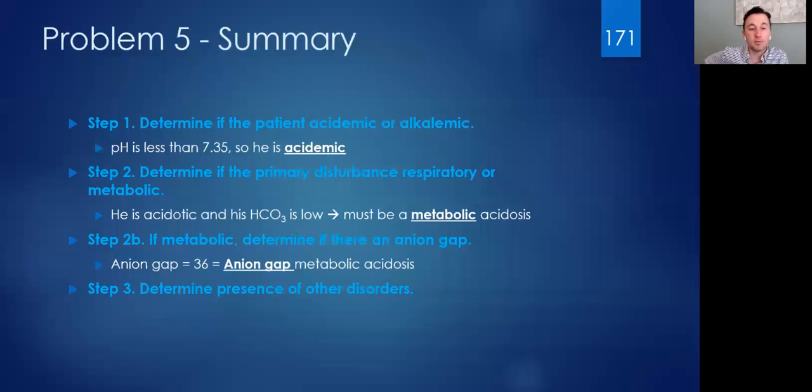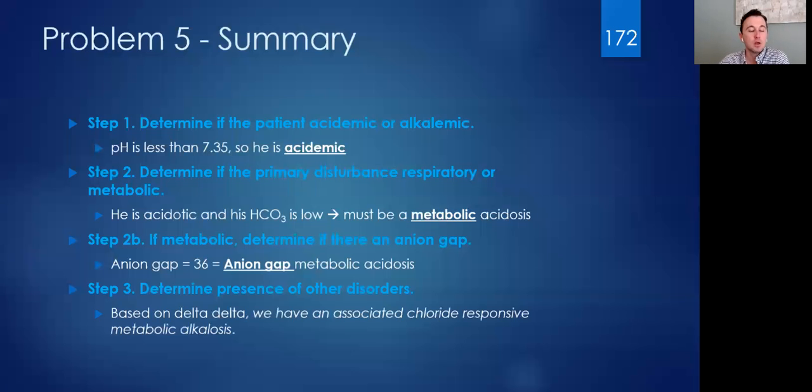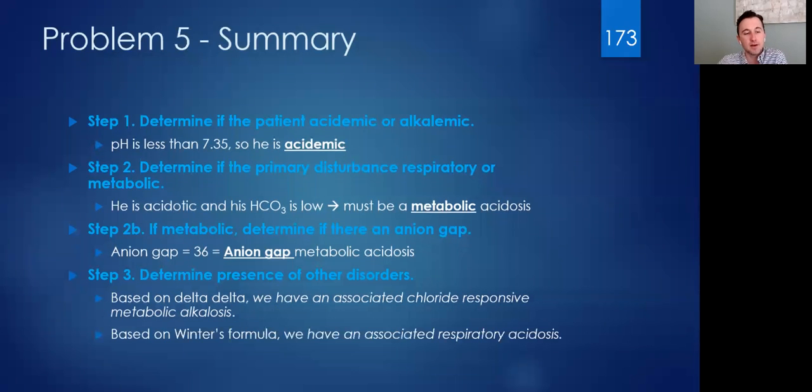But then we have to determine if there are other disorders present. Based off of the delta, our bicarb was higher than what we expected, which means we have an associated chloride responsive metabolic alkalosis. And then finally, based off of Winter's formula, our expected CO2 was lower than our actual CO2, which means there also has to be an associated respiratory acidosis.